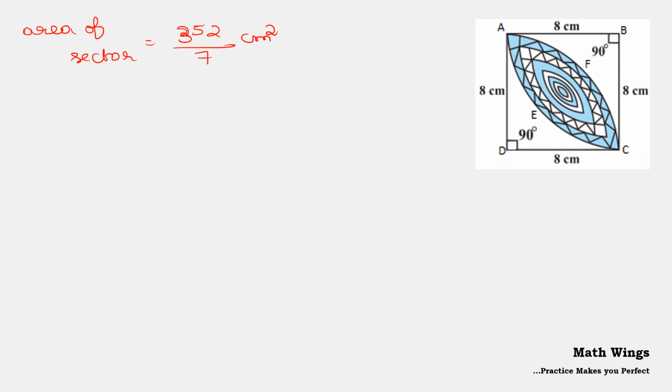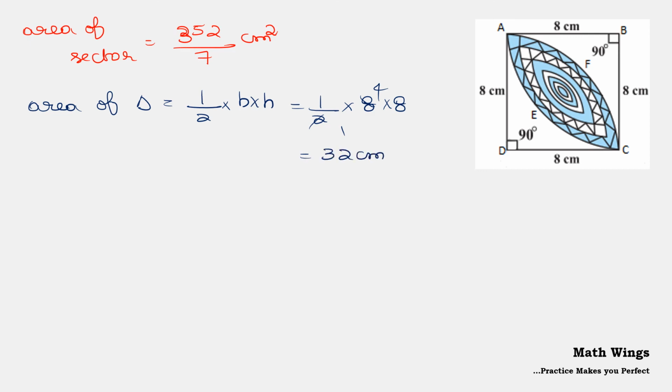The formula: area of the triangle is equal to half into base into height. What are the base and height here? Both are equal to 8 centimeters. So it is half into 8 into 8, which is equal to 32 centimeter square.